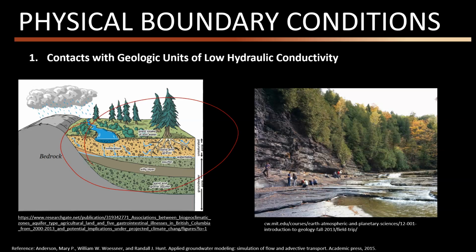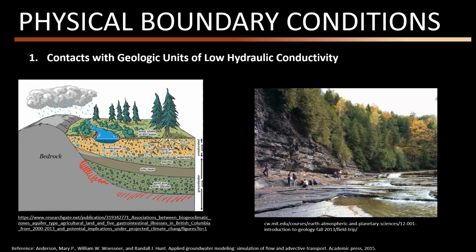As you see, if I want to model this system, technically I can define a no flow boundary condition here at the bottom of the system, or a no flow boundary condition here in this area. So this is one example of how low hydraulic conductivity hydrological units look like.